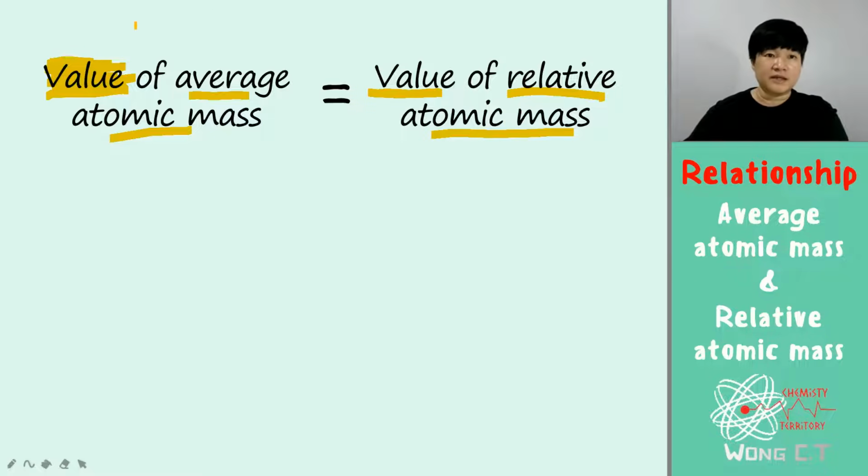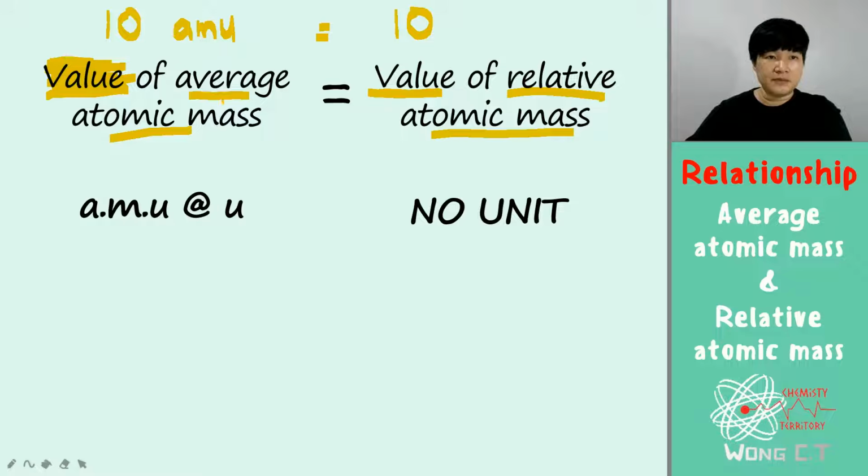For example, if the average atomic mass that you calculate is 10 amu, then the relative atomic mass will be 10. Because the main difference between them is that the average atomic mass has the unit of amu or u, but the relative atomic mass has no unit.